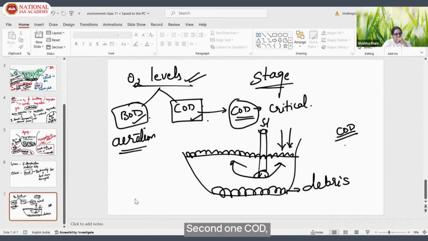Second one, COD, chemical oxygen demand: oxygen required for chemical decomposition of degradable and non-degradable matter is known as COD.